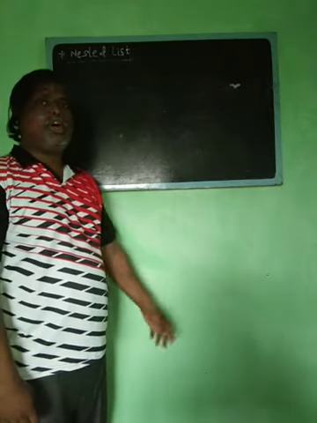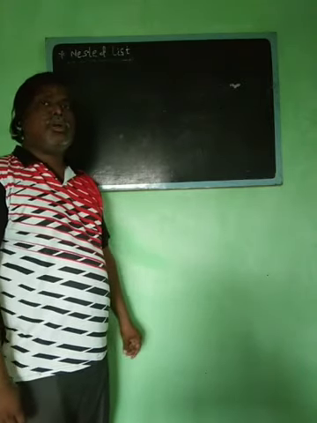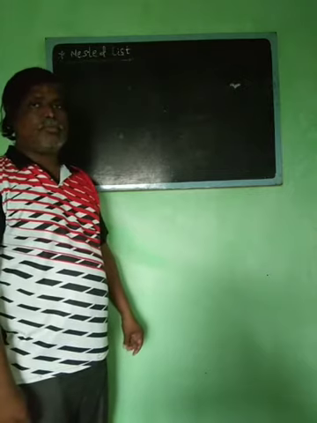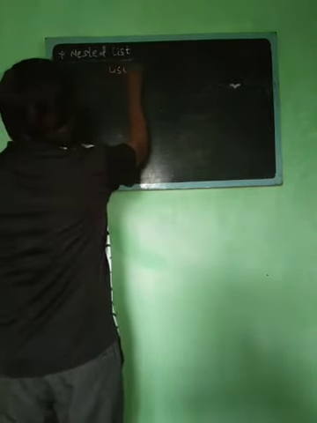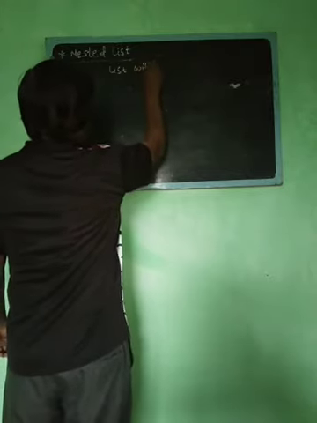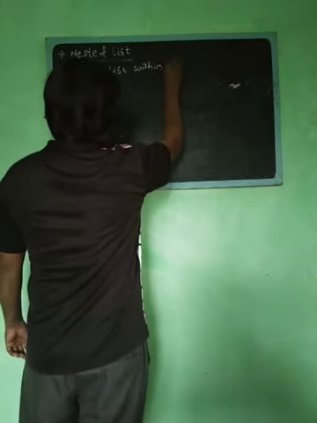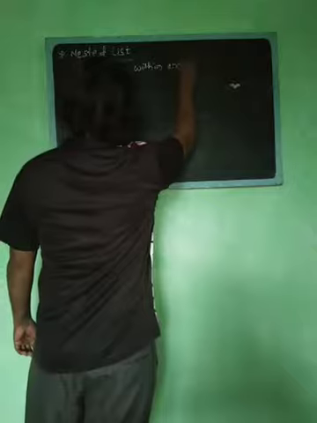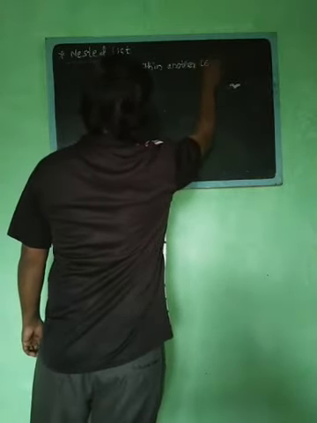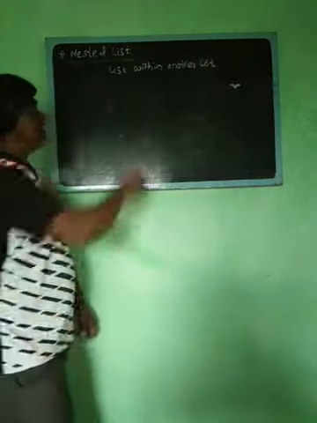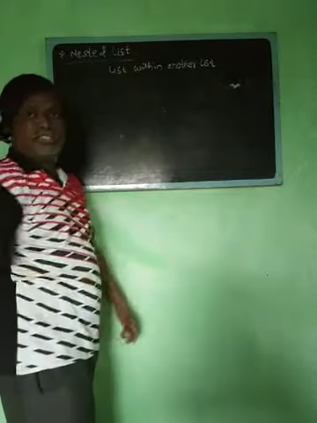It may be an ordered list inside an unordered list. A list within another list is called a nested list.